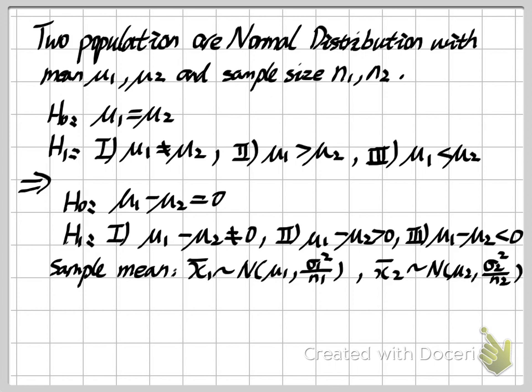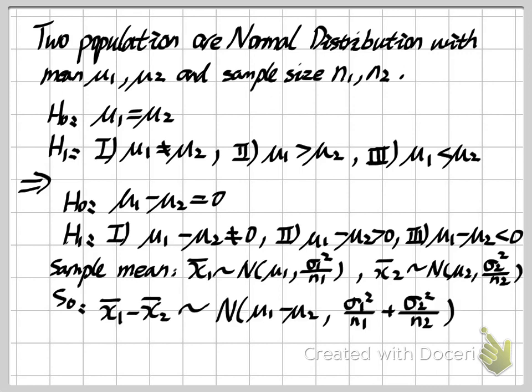So now we already have the distributions of these two sample means. If we want to check the difference between them, we know X bar 1 minus X bar 2 is still a normal distribution.